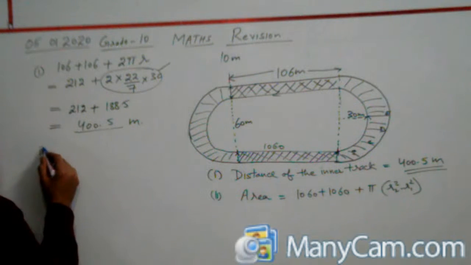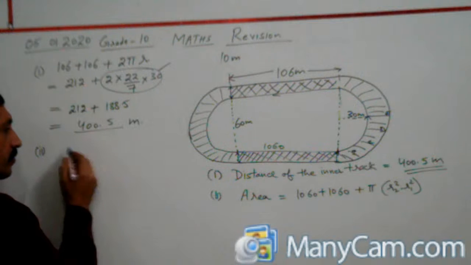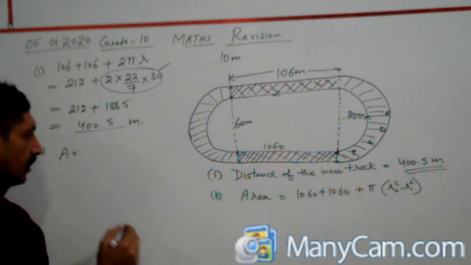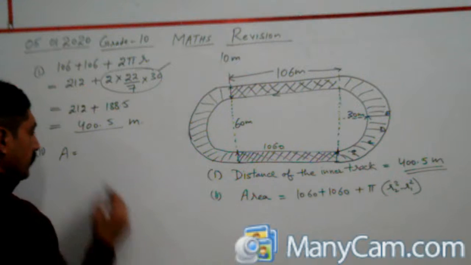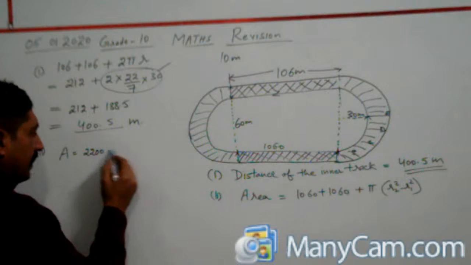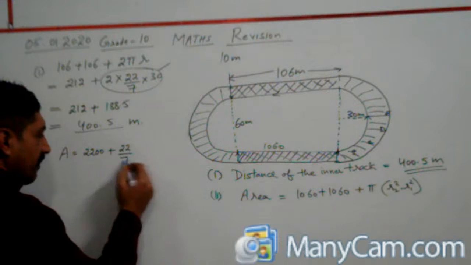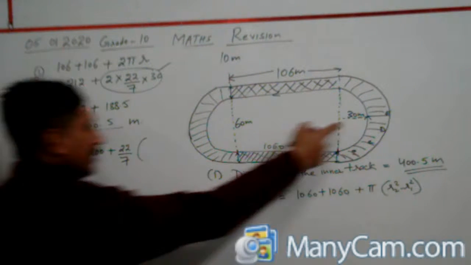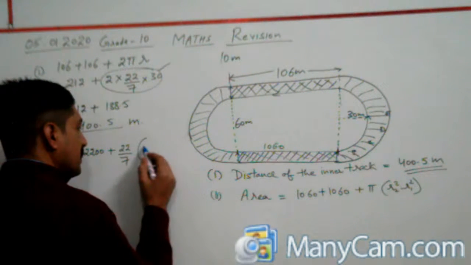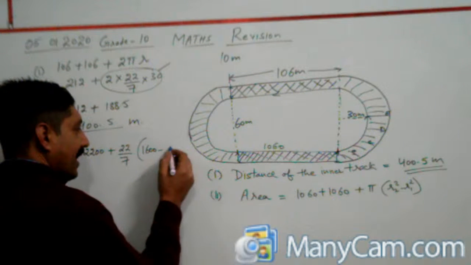Second part, the area is equal to 2000, sorry, this 2120 plus pi, that is 22/7 into R2 square, 40 square is 1600, minus 900.